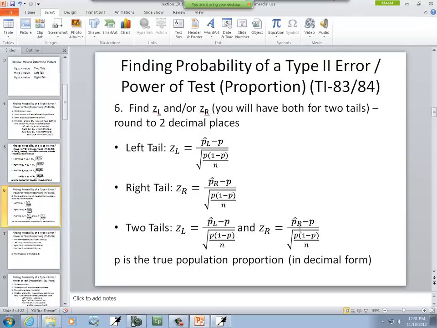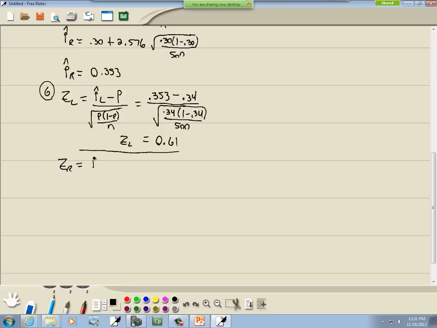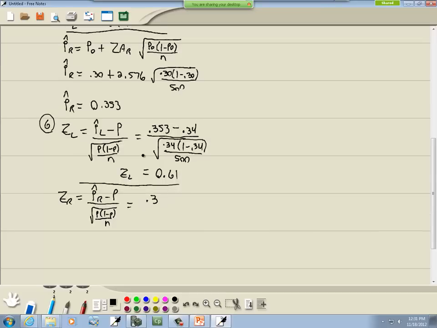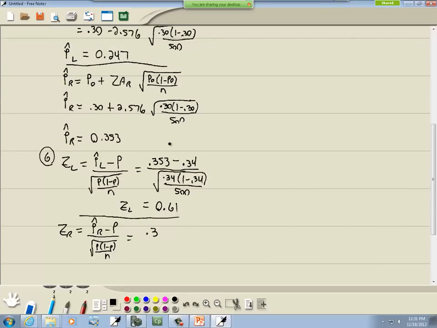Z sub r is equal to the same formula except it's p hat sub r. So this is p hat sub r minus p, over the square root of p times 1 minus p over n. So what does that give us? Well, I screwed this one up, but I caught it.